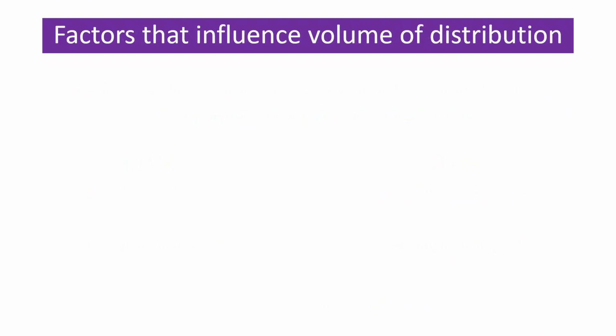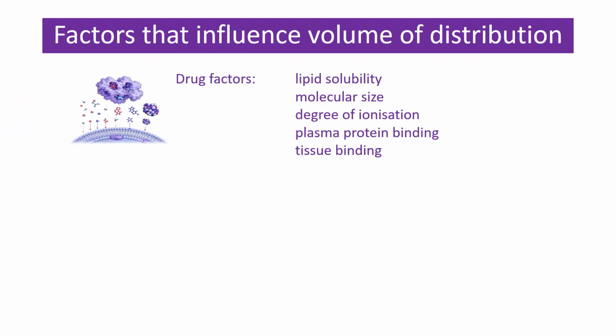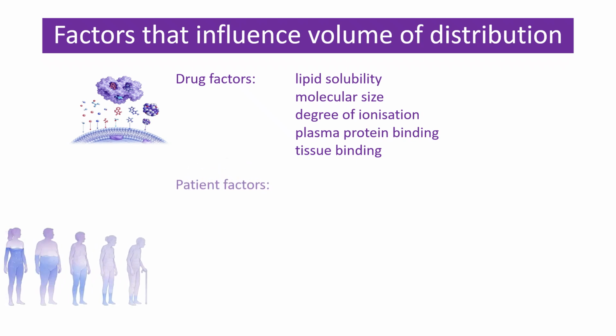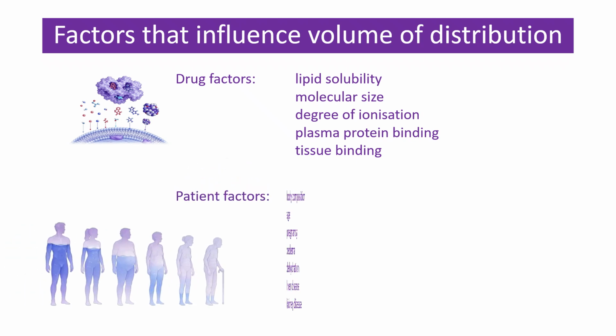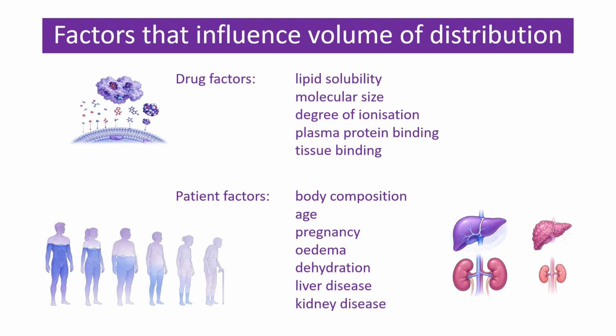Several factors influence the volume of distribution. Drug-related factors include lipid solubility, molecular size, degree of ionization, plasma protein binding, and tissue binding. Patient-related factors include body composition, age, pregnancy, edema, dehydration, liver disease, and kidney disease.